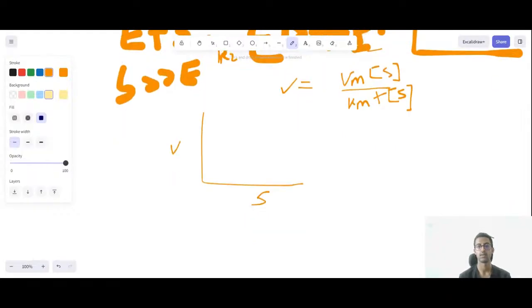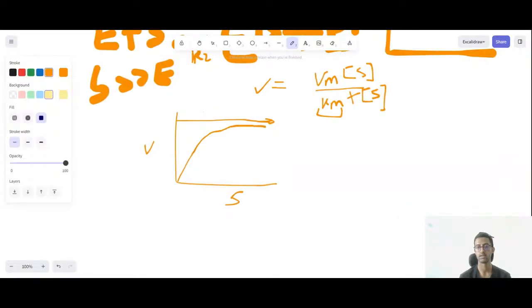So Km is a rate constant. When you plot this graph, this is the Vmax. If you keep adding substrate, there will be a maximum velocity that can be attained, and after that, no matter how much substrate you add, there is no more change. So this is Vmax.